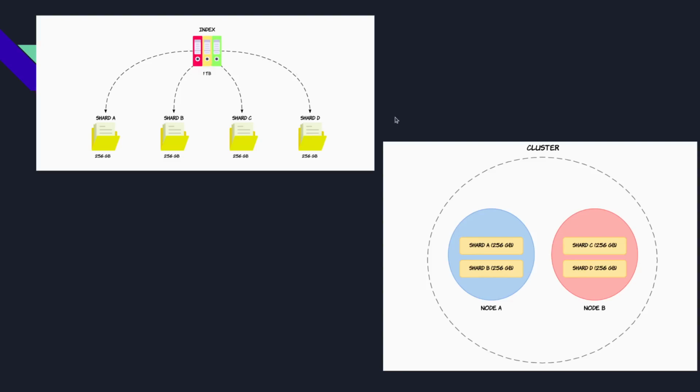And now you have two nodes in your cluster. The cluster is basically a collection of nodes. Nodes can be your computer system, the machines. So you have two nodes in the cluster and these nodes have say 512 GB for storing the data.